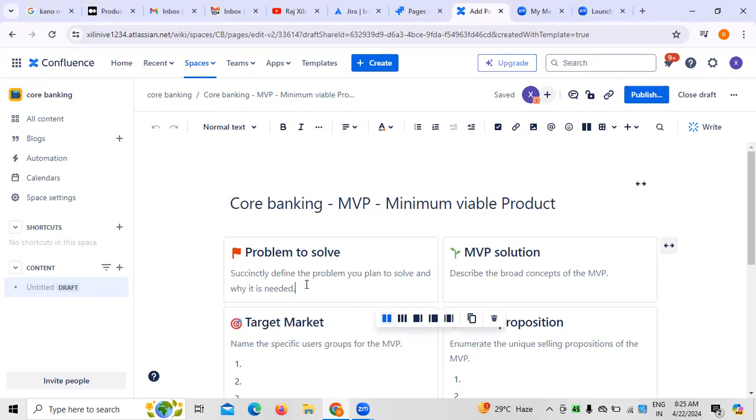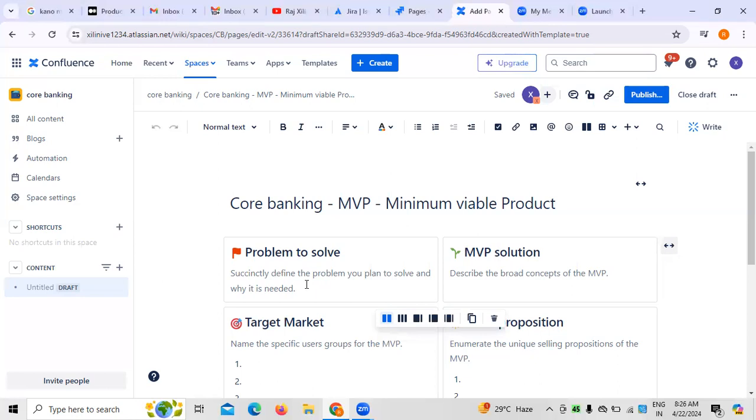In this regard, I've taken a project of core banking. Let me explain what core banking is for people who don't have any idea. Core banking is a backend banking application managed by the backend team. All the customer operations are managed in the backend by core banking. Here we need to write down the problem first.